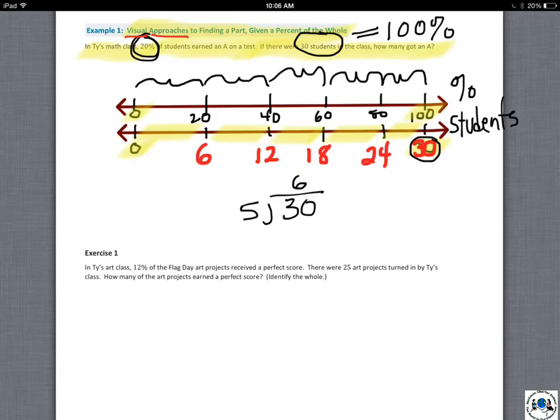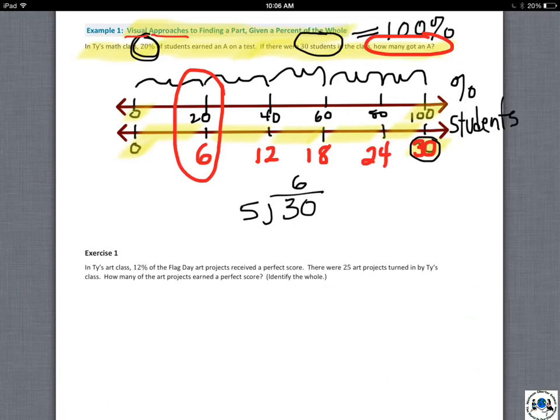And of course we have 30, which is equal to 100% of our students. But the answer we were seeking was how many got an A, and we know that 20% got an A. If we match that visually on these two number lines, we see that 20% is represented by 6 students, which I think is a really nice way to do it.